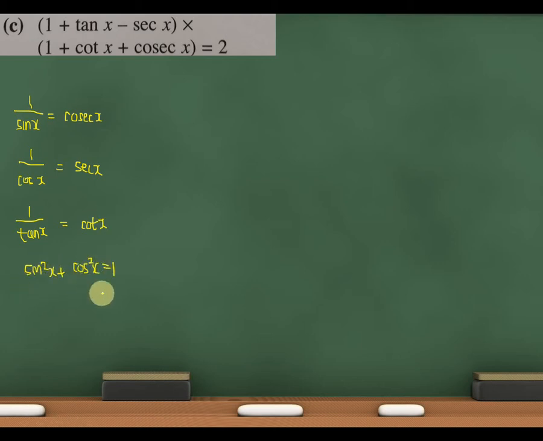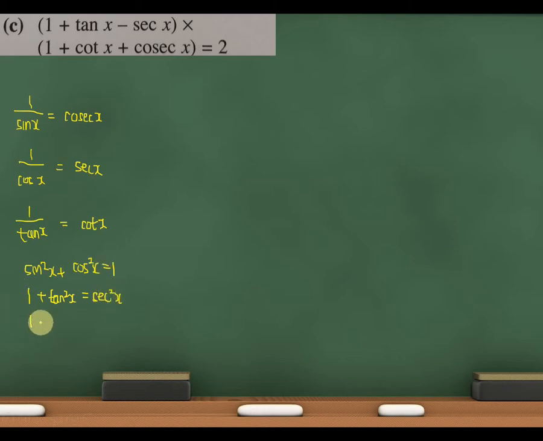If you divide throughout by cosine square x, you get 1 plus tangent square x equals 1 over cosine square x, which is secant square x.